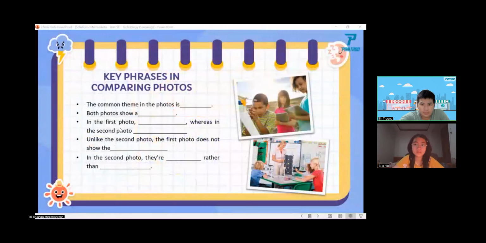The last one. Maybe in the second photo, they may be more excited rather than in picture A. Maybe there's some phrases.